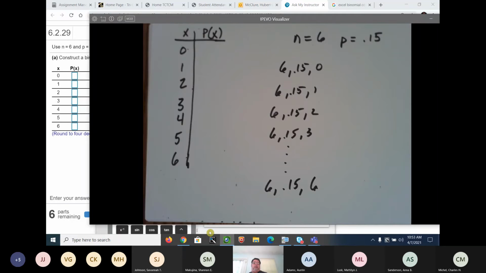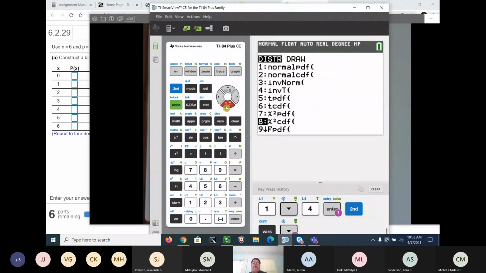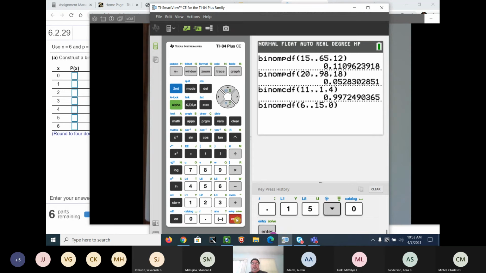So second vars, and that's A, and 6, 0.15, and 0. And enter and enter. So for 0, I've got 0.3771. And now I'm just going to hit second, enter, and put in 6.